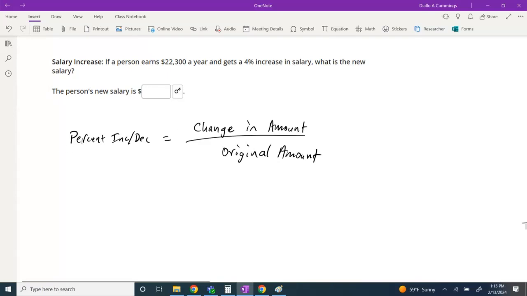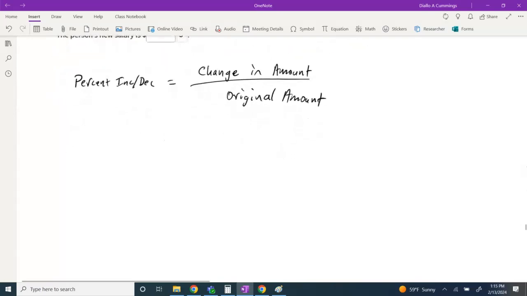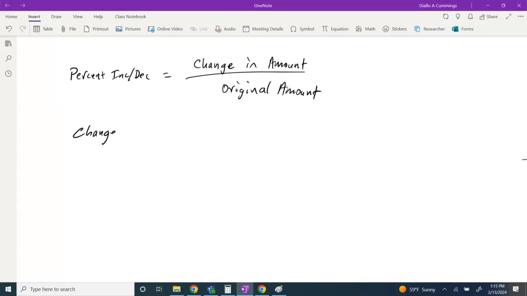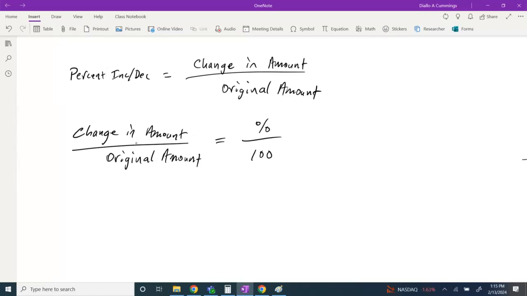So I'm going to rewrite this, and I'm just going to flip this around a little bit: the change in amount divided by the original amount is equal to percent over 100.